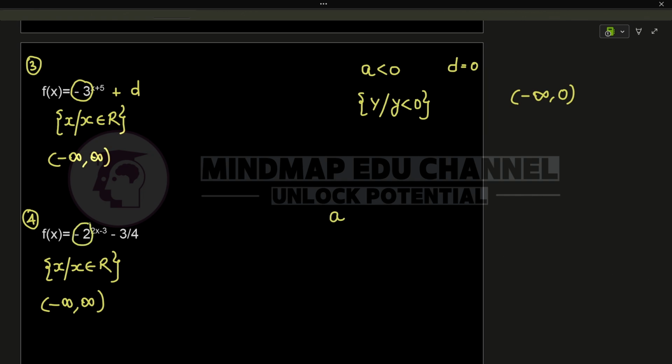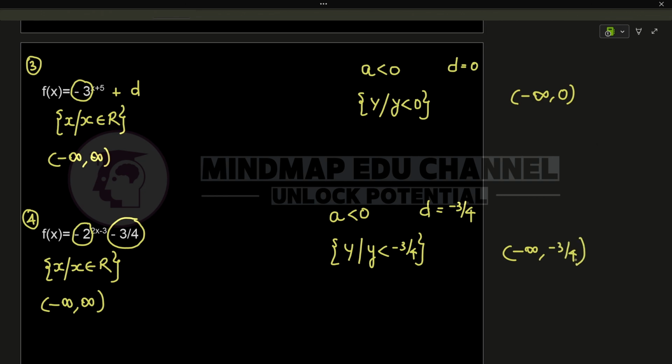Here it is minus 2. That means a is less than 0. And if we check the value of d, it is minus 3/4. So the range is the set of y values such that y is less than minus 3/4. And in interval notation, the range is from minus infinity to minus 3/4.